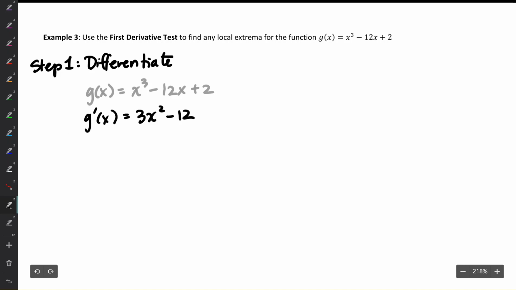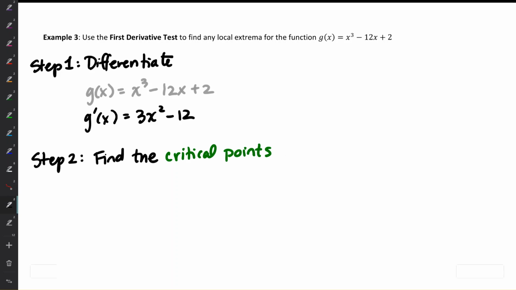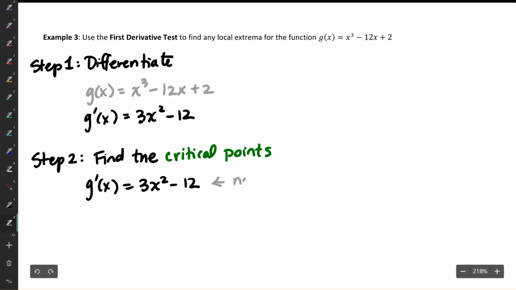Step 2 is to find the critical points. Right, and that's where x values where g prime is 0 or undefined. So no domain restrictions.